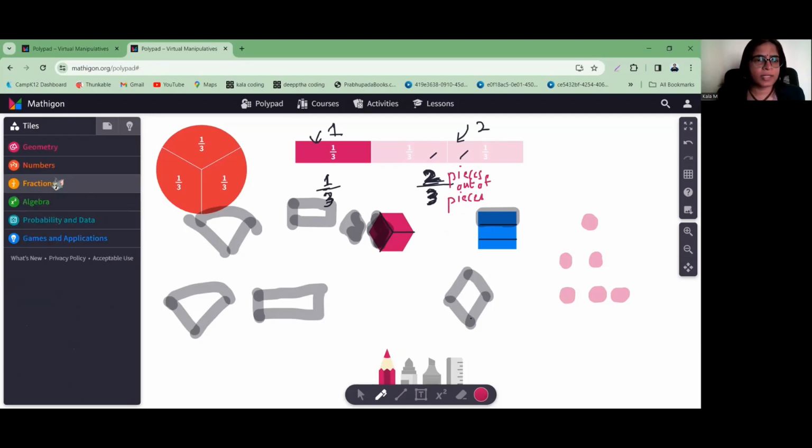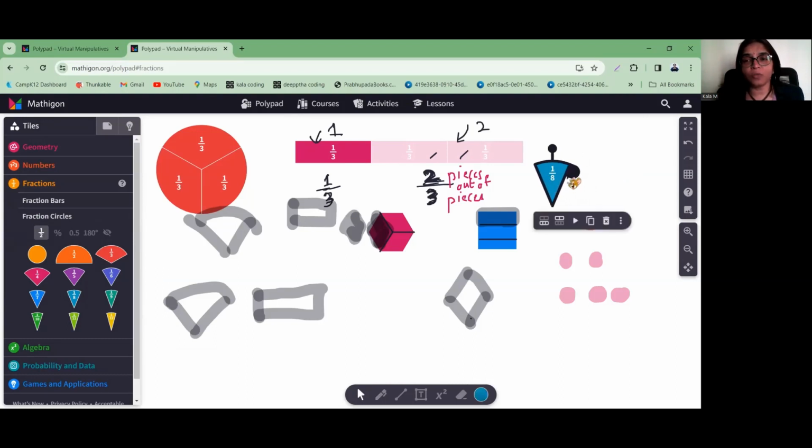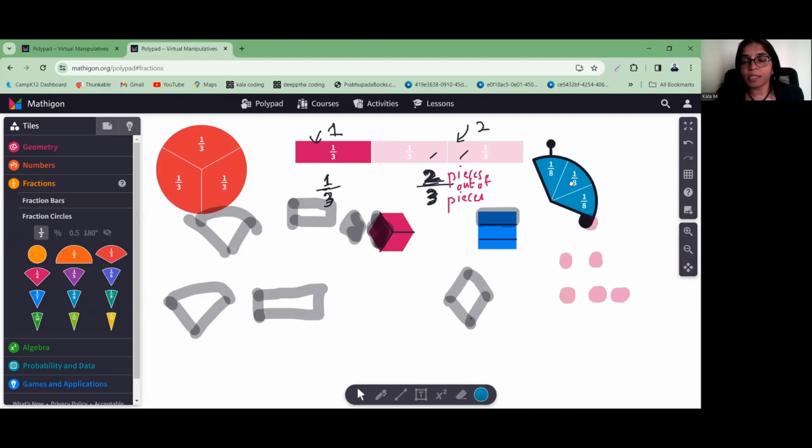Okay. Now, if I take a similar thing, let's say, now this much is there. As soon as you see 1/8, what you have to understand is that if you take a complete circle, it will be 8 pieces. I want you to pause the video and count the 8 pieces. Right? Now, instead of 8 pieces, I am taking only 3 pieces. How can I say this?